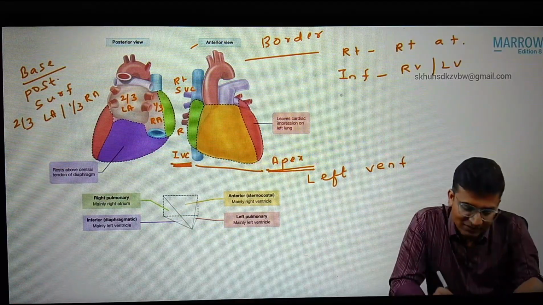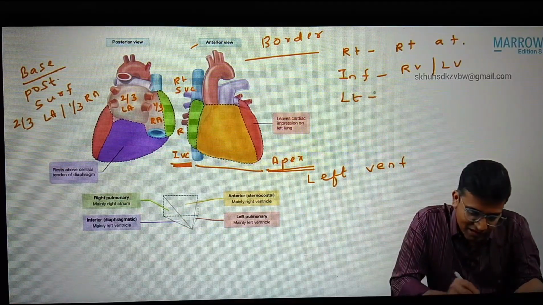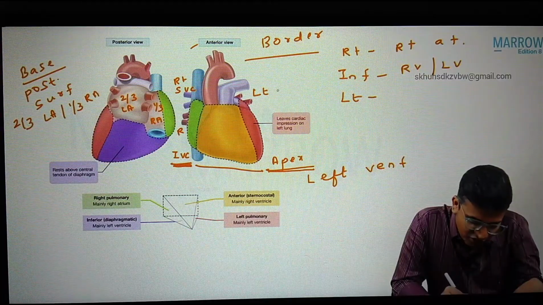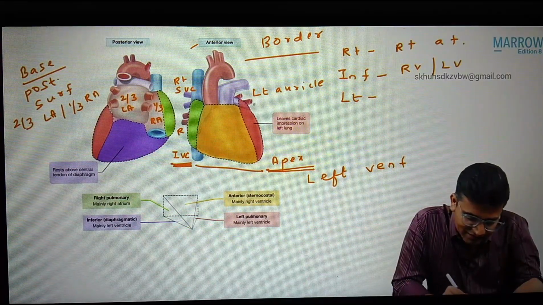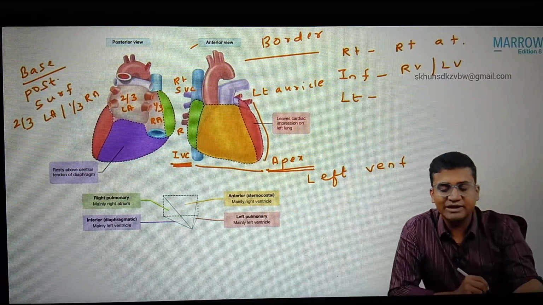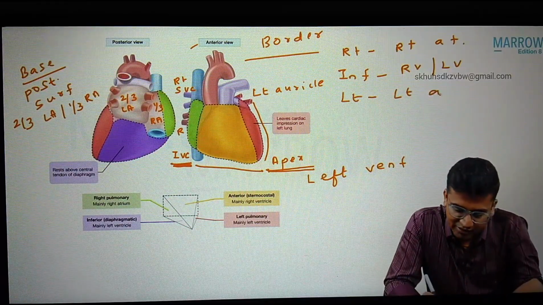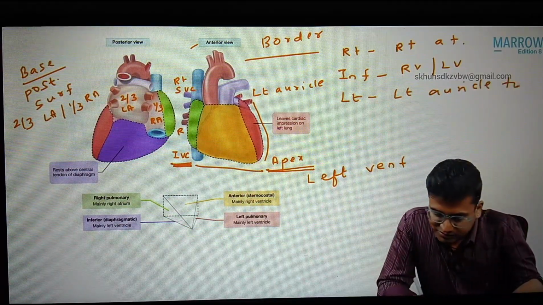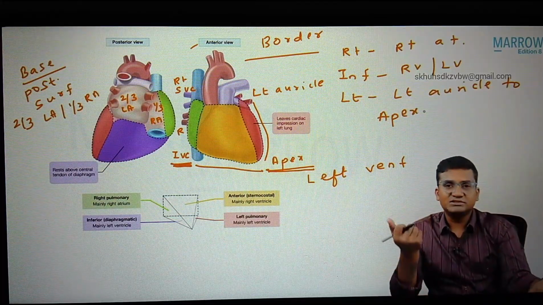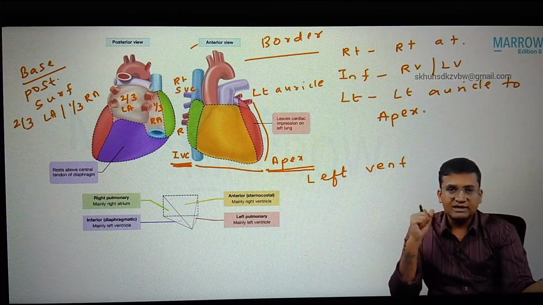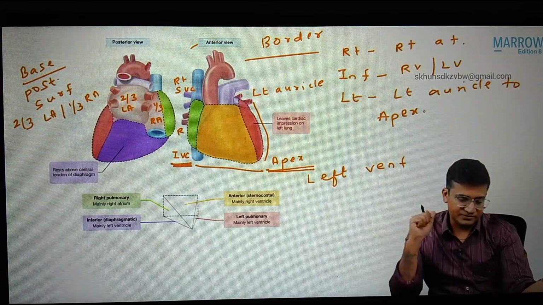Now, what about the left border? The left border starts from the left auricle and goes up to the apex of the heart. These are the three borders we have.